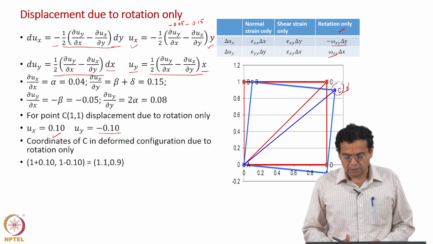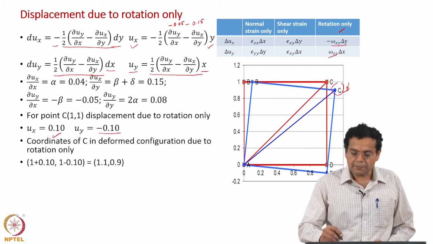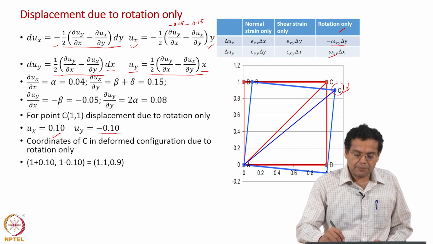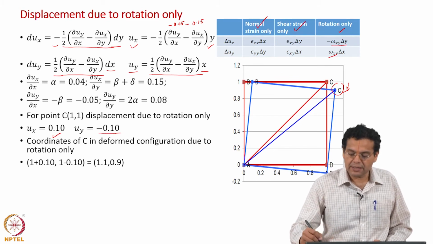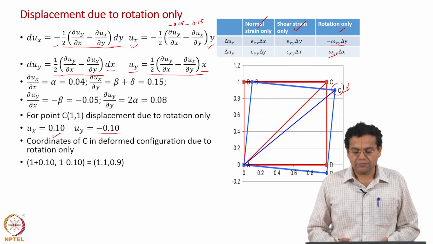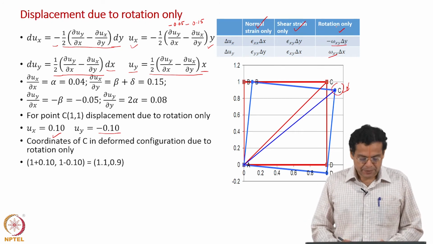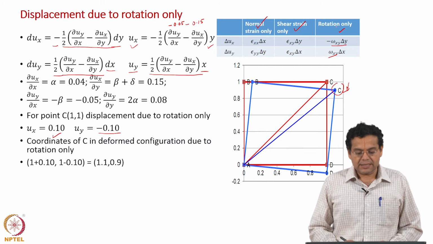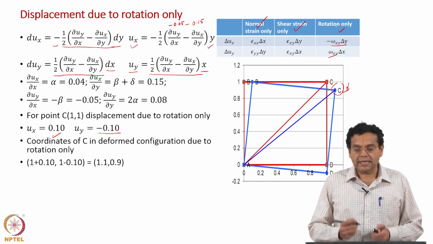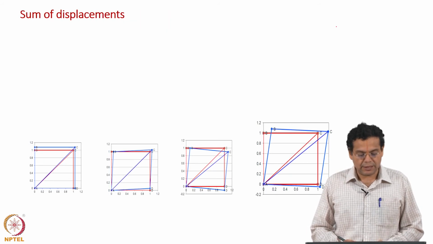Okay. So, now what is it that we have done? We have separately considered the displacement due to normal strain, shear strain and rotation. Now, it is time for us to put them together and check whether we get the same as we have done straight away with total displacement. So, let us do that. That is what is shown here.